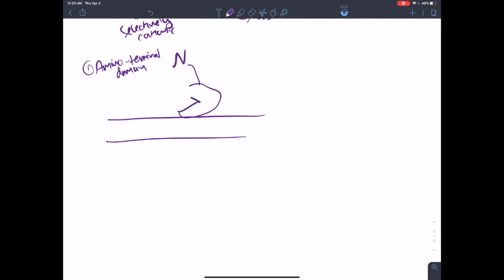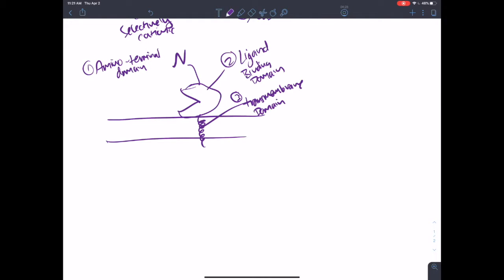You're going to have a ligand binding domain, which they usually draw looking like Pac-Man for some reason. So it's going to be your ligand binding domain. You got this transmembrane domain. So number 3, transmembrane domain. And then you have a carboxy terminal domain.